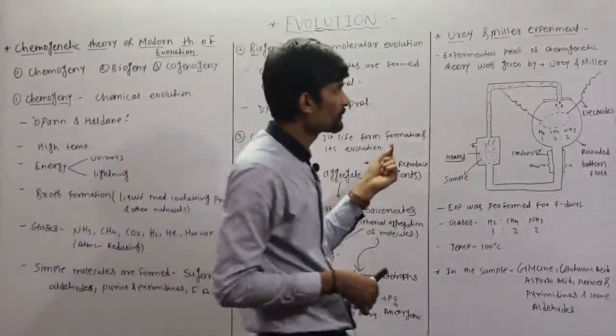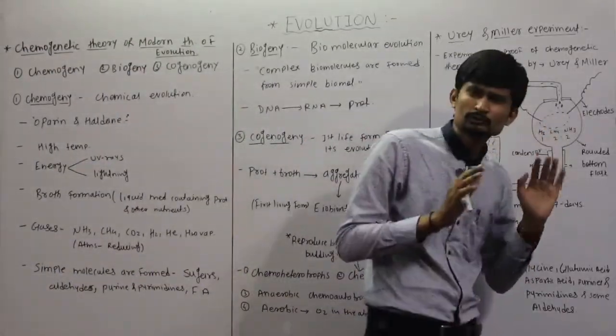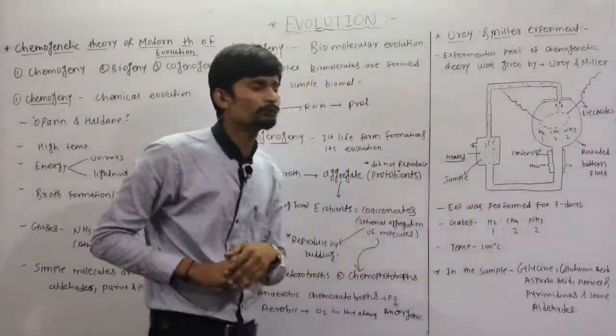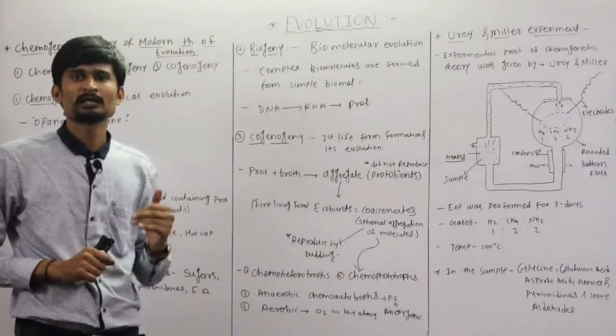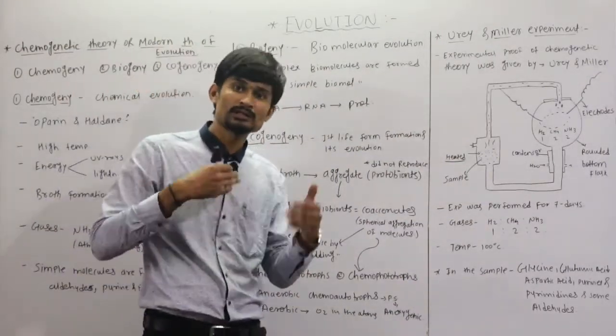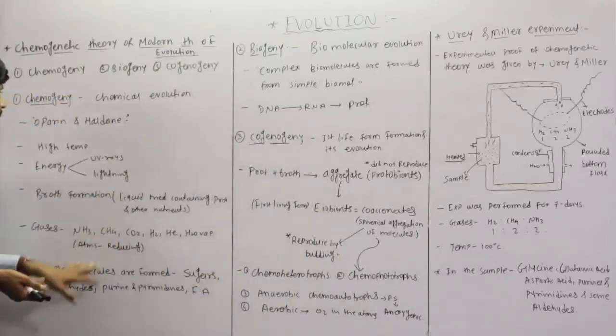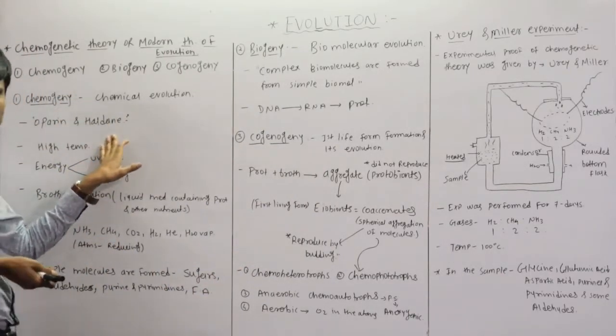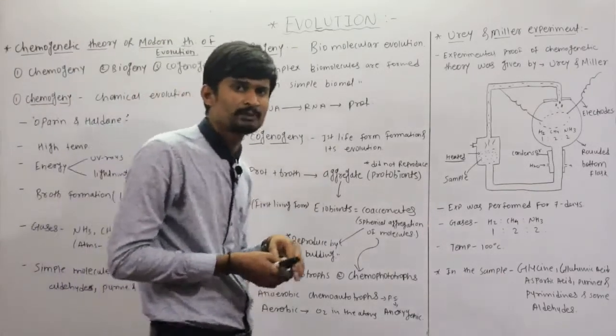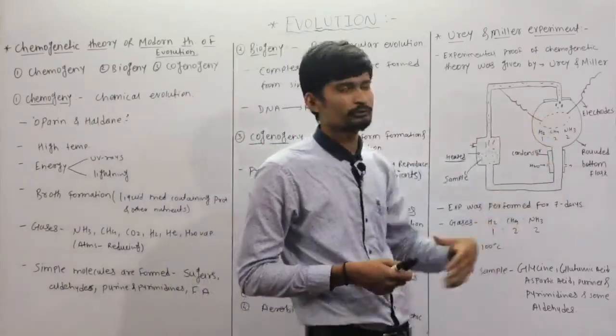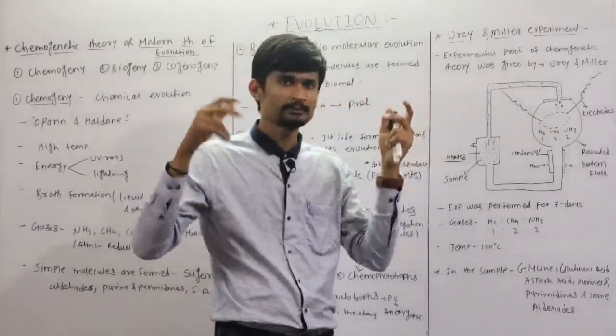What actually did Urey and Miller do? They were trying to maintain the condition which was present during the initial environment, during the origin of life. That's why they used the electrodes for the lightning process.